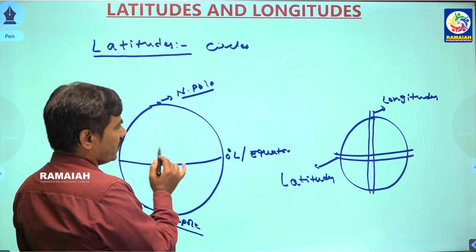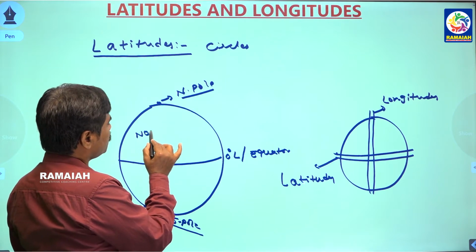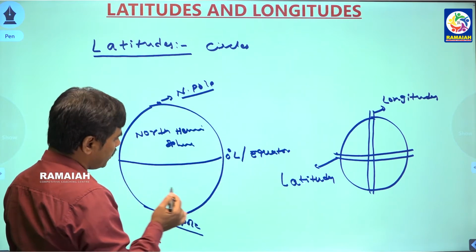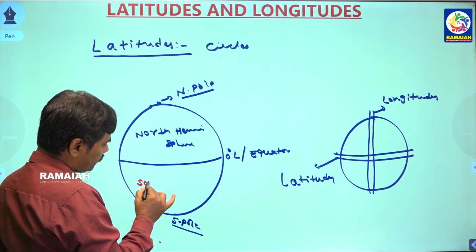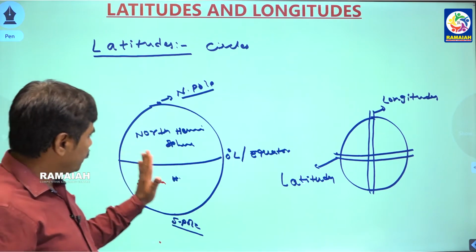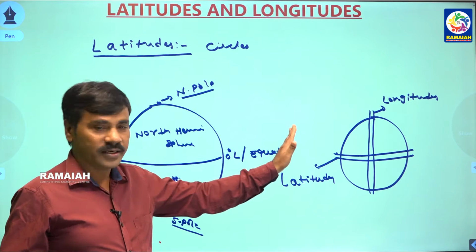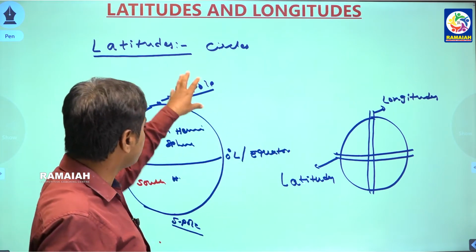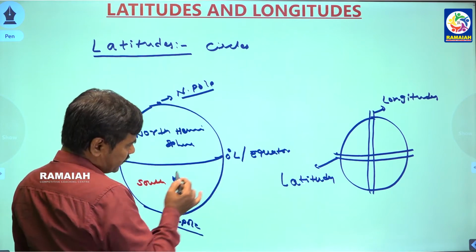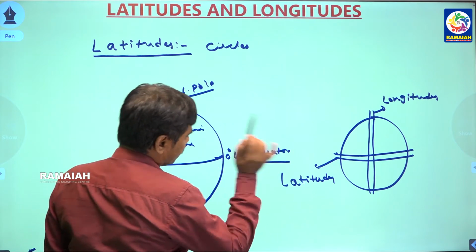The northern part, the upper part of the equator, is called the Northern Hemisphere. The southern part of the equator is called the Southern Hemisphere. So these are the two equal halves, divided by the 0 degree latitude, between the North Pole and the South Pole. The equator lies exactly in the middle.